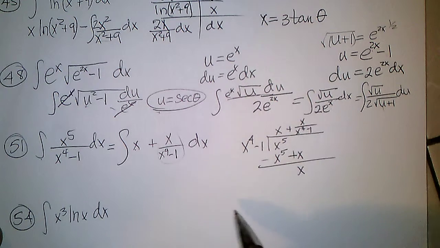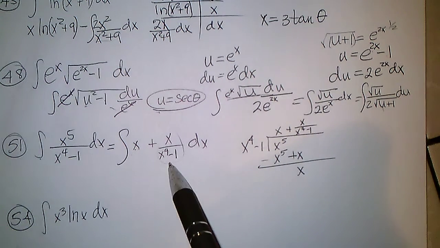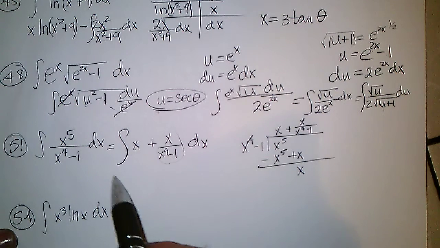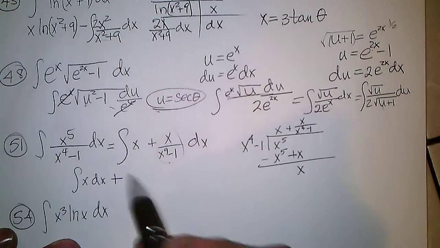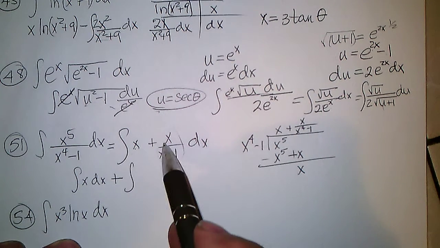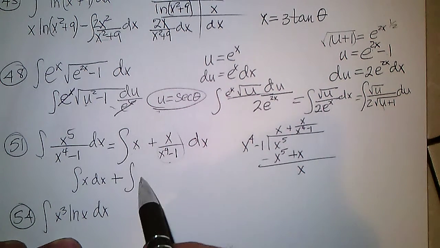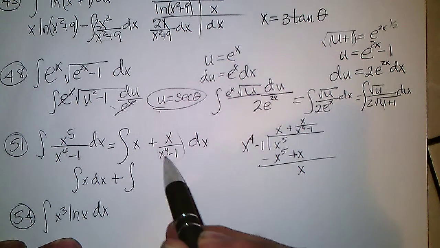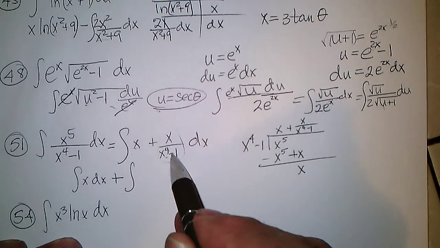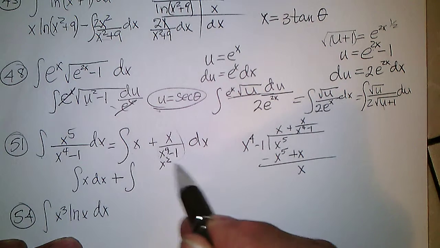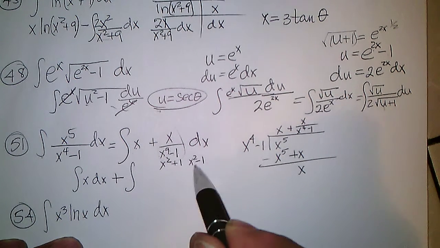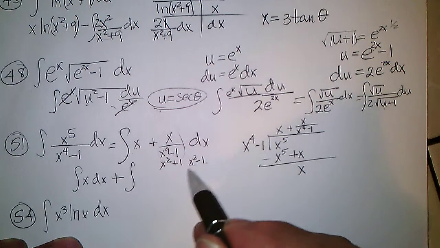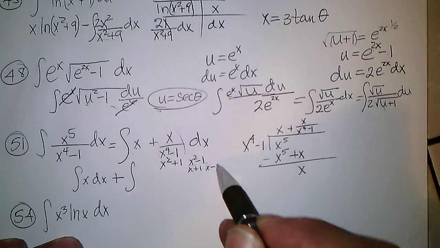This part I would probably do in partial fractions. So I would let this be the integral of x dx plus integral, and this x to the 4th minus 1 factors to x squared plus 1 and x squared minus 1. This factors to x plus 1 and x minus 1.